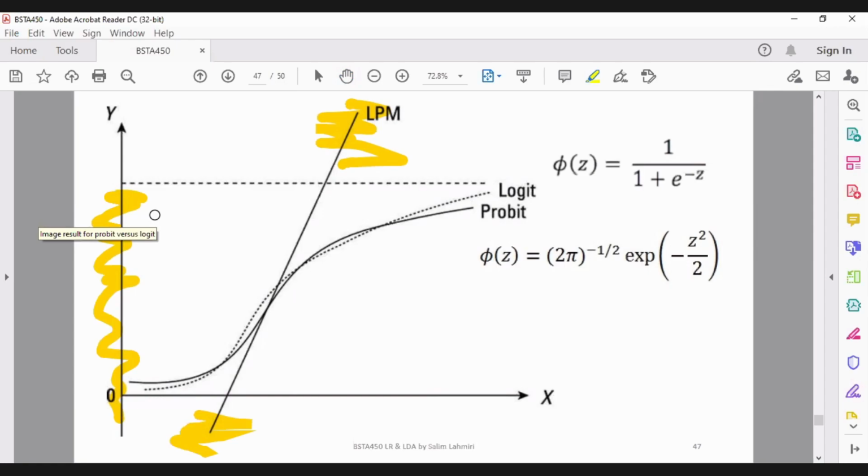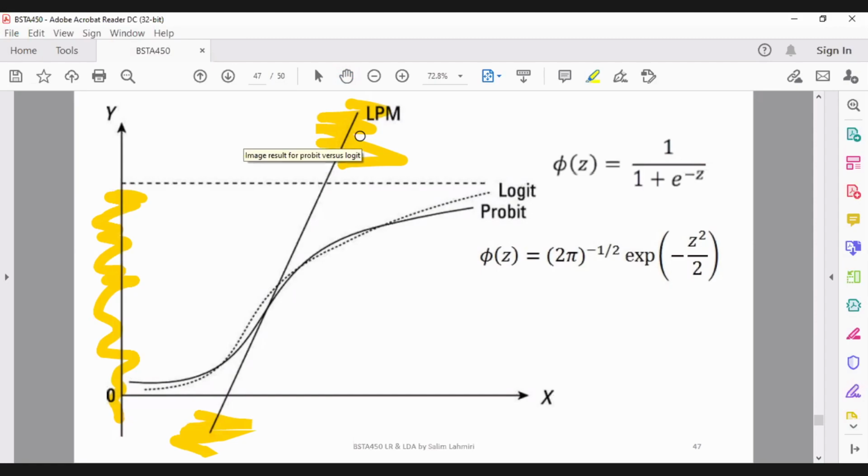The beauty of using logits or probits is that the corresponding probability of y equal to 1 is always between 0 and 1. It cannot be above 1, cannot be below 0. But if you use a linear probability model, you will end up with some probabilities between 0 and 1, but also with some probabilities below 0 and above 1, which is not appropriate.